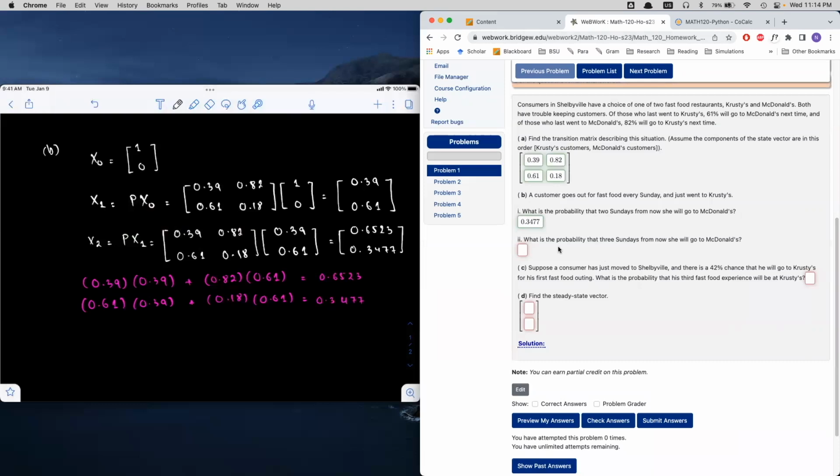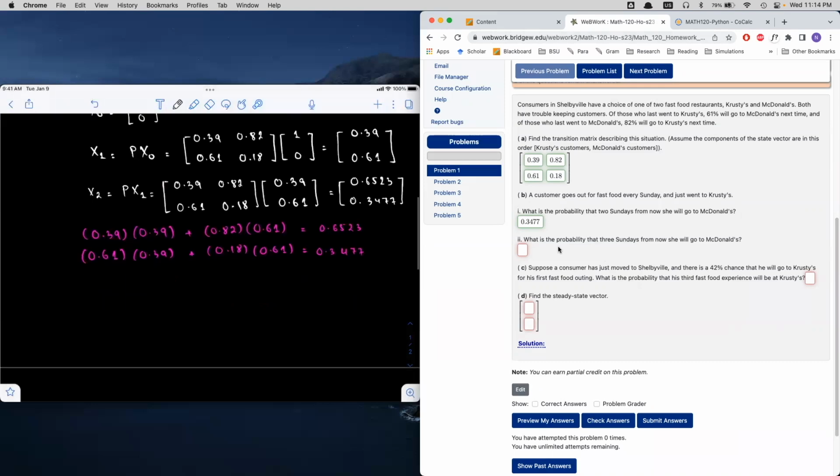Now, what is the probability that 3 Sundays from now she will go to McDonald's? That means you need another calculation for the x state, x3 in this case. So x3 is equal to P times x2, where P is 0.39, 0.82, 0.61, 0.18, times x2, which is 0.6523, 0.3477.